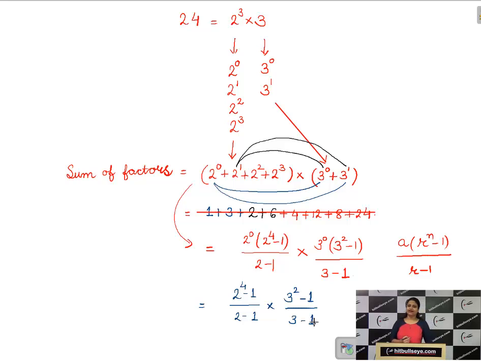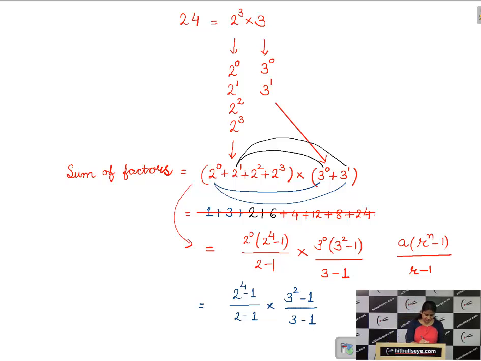We will take the addition of all the permissible powers in a column. We will take the addition of all the permissible powers in the second column, and so on. Then we will multiply all the expressions. In every bracket, we will get an expression which will represent a GP, geometric progression. So we will apply the GP formula.